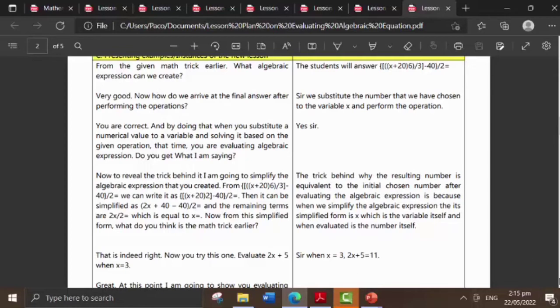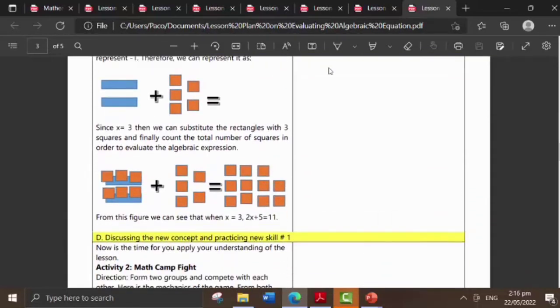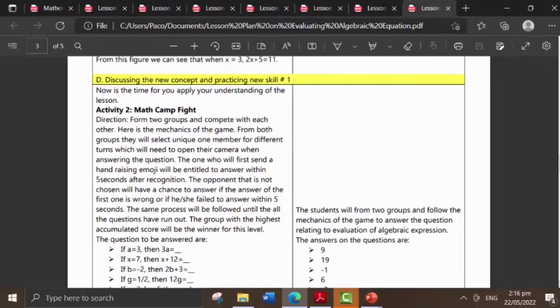So this serves as the discussion proper part. You can also put here some images so that the students can visualize the topic, as well as help the teacher easily transfer the knowledge or the learning to their students.